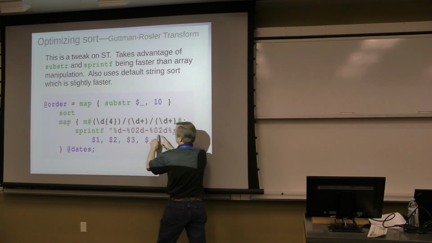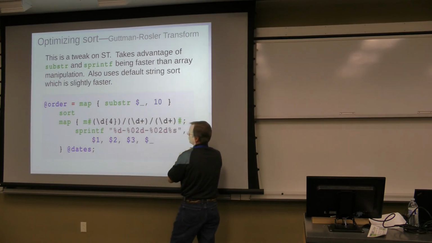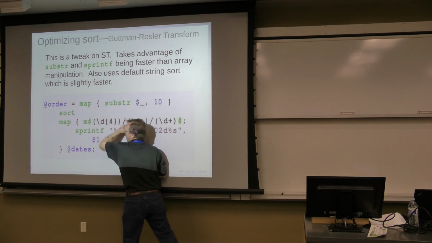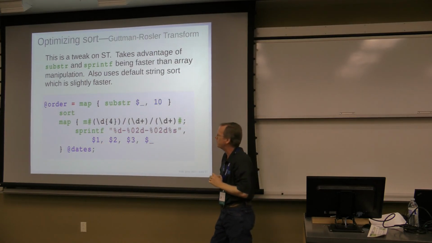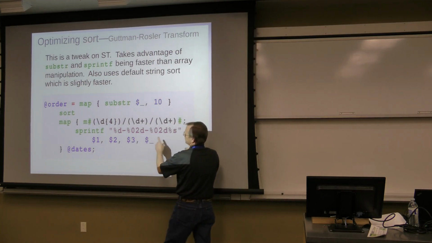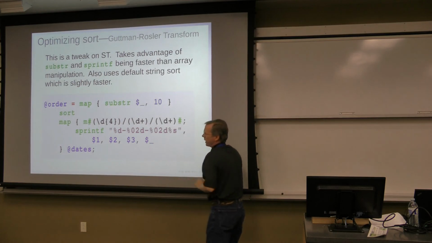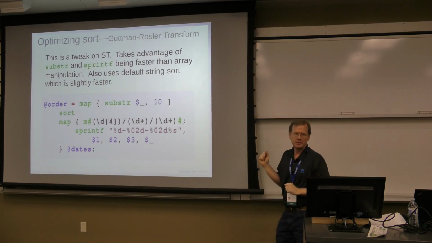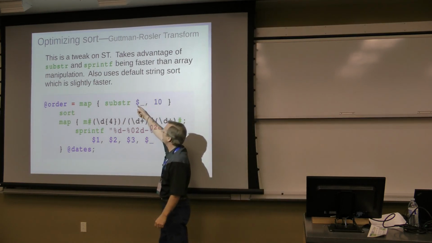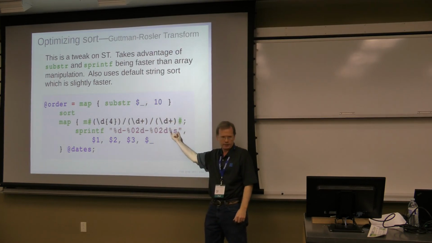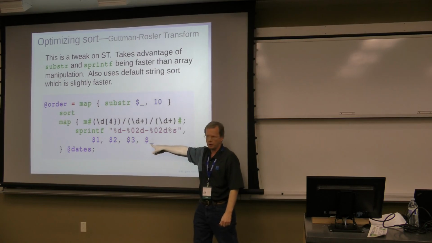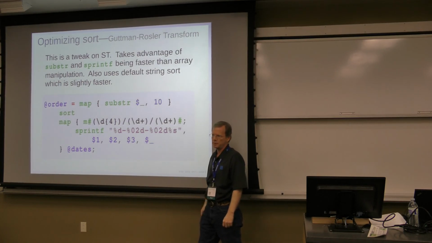We're using an sprintf to use our string as our comparison, so we'll just do a default sort compare. We don't have any arguments to sort besides what's passed in from map. And then we tack on to the end of this string the thing that we actually are sorting. And then we strip that first part off and just keep the thing at the very end, which is just in this %s. See, our dollar underscore goes in that %s.